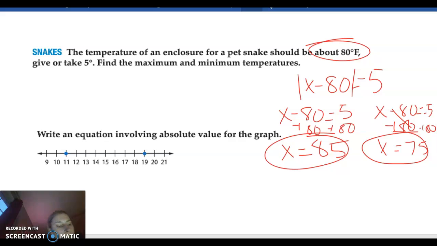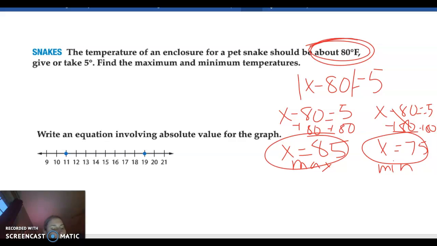So our minimum temperature is 75 and our max is 85. We know that because 75 is the lower number, 85 is the higher number. So that's the distance from our middle. Normally, this is a word problem, so our middle here is 80. Normally when we're doing absolute value, like the equations before, our middle is 0 that we're working from.